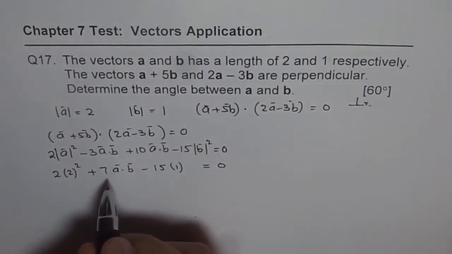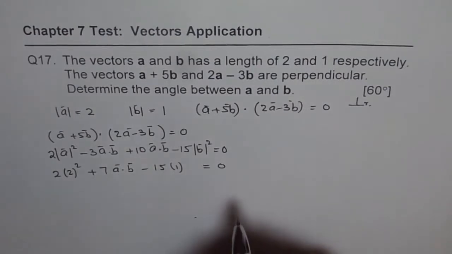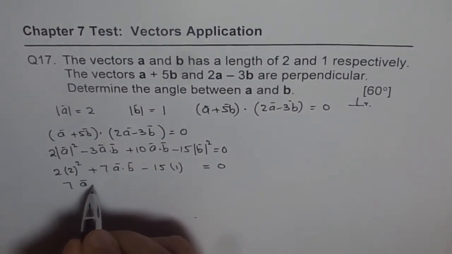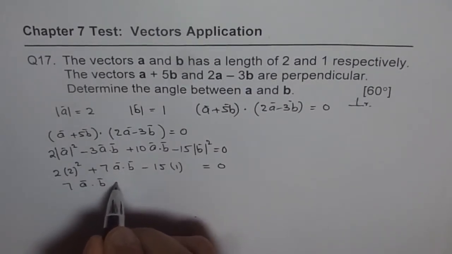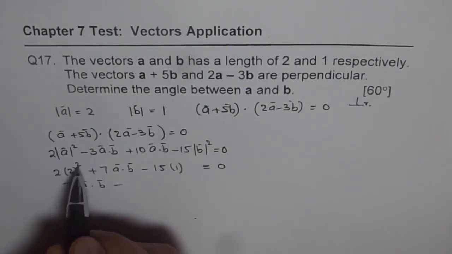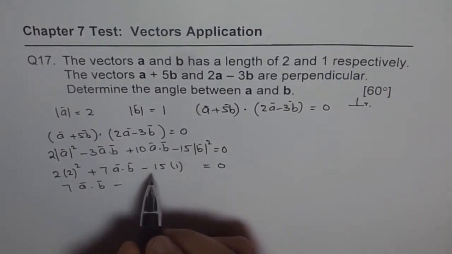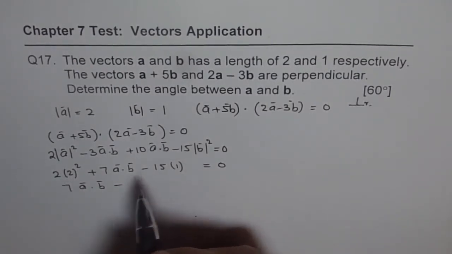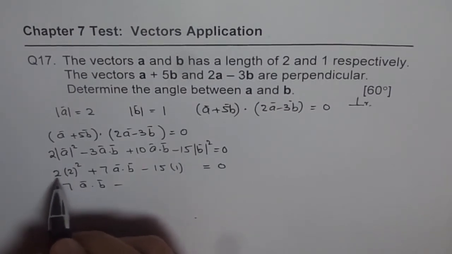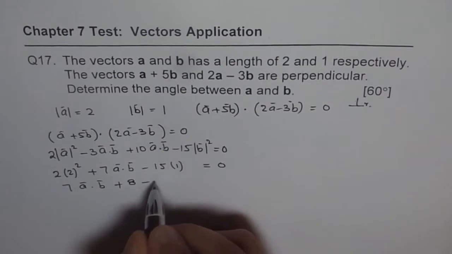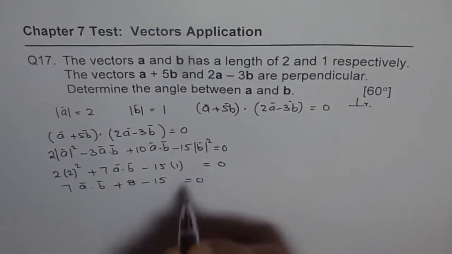So from here we can find what 7 A dot B equals. We get 2 times 2 squared is 2 times 4, which is 8. Let me write plus 8 minus 15 equals 0.